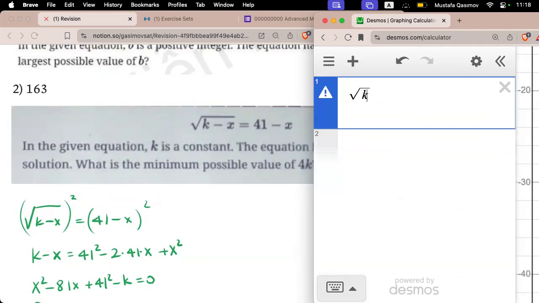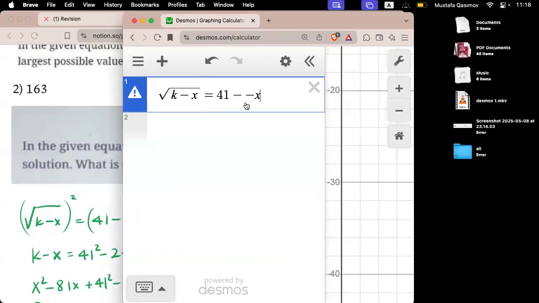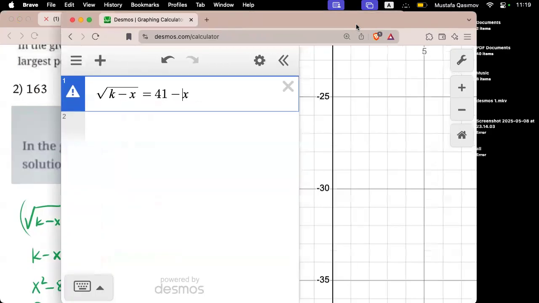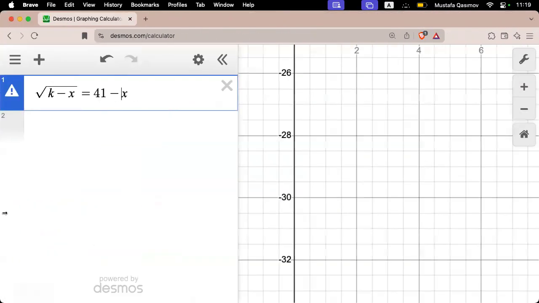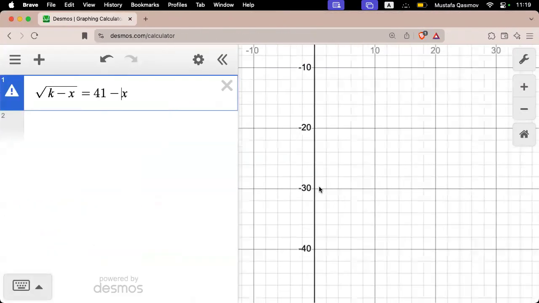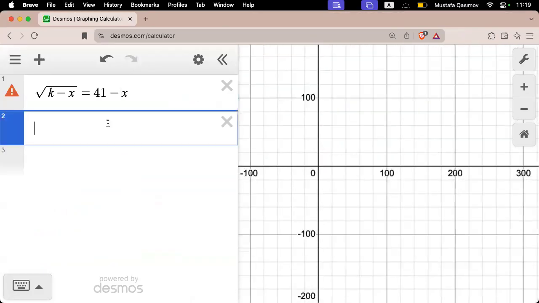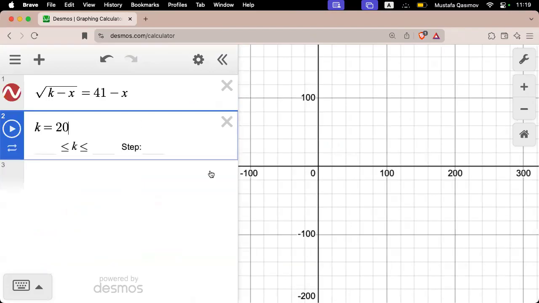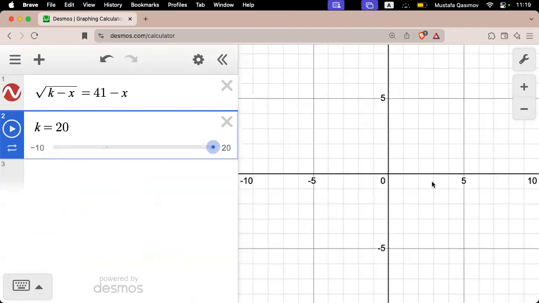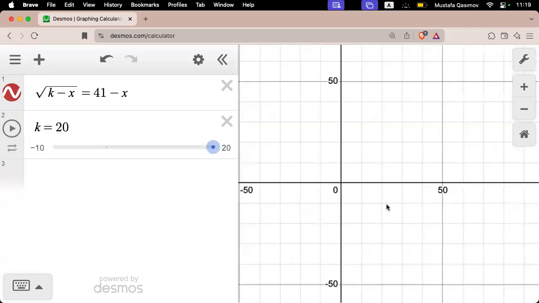Square root of k minus x is equal to 41 minus x. In this type of question, some students use a slider, but don't use a slider. It is not a bad method, but when you use a slider, it can take your time.